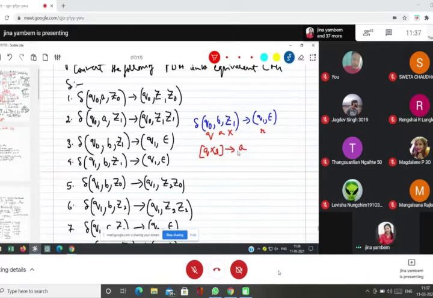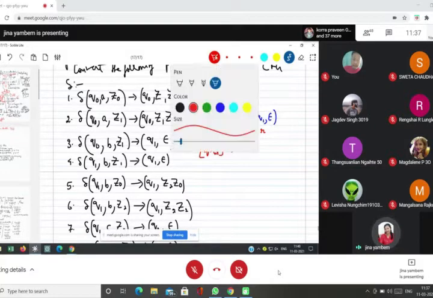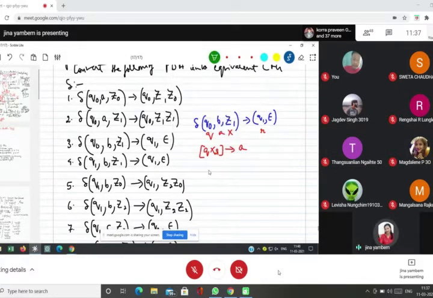So in our case, Q is represented by Q naught, X is represented by Z1, R is represented by Q1, and A is represented by terminal B. So this has to be inserted as one of the required production rules of the target context-free grammar.